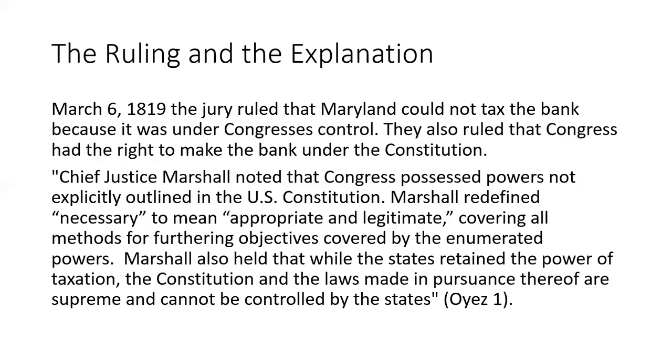Banks are necessary to run commerce because you need to have somewhere to put your money that you're going to loan out to small businesses and use to encourage trade and all things like that. They also ruled that Congress cannot be taxed by a state because that's just a violation of the entire system. A child cannot give their parent an allowance or ask them to pay taxes. Like, that just doesn't make sense. It's usually the other way around.